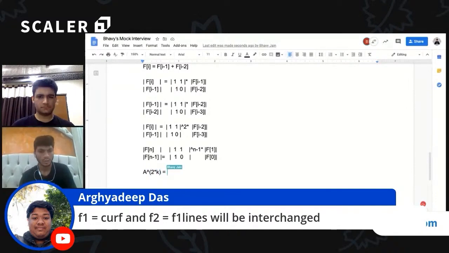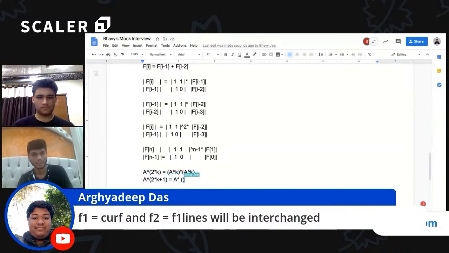A raised to 2k should be a raised to k square, or a raised to k into a raised to k. And if it is odd, then let's just write it as a into a raised to 2k.